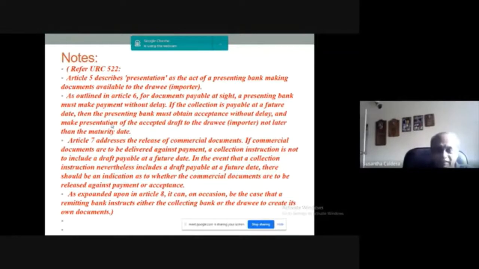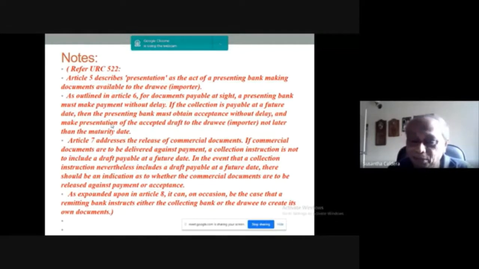In the event that a collection instruction nevertheless includes a draft payable at a future date, there should be an indication as to whether the commercial documents are to be released against payment or acceptance. This is a very important article, Article 7.